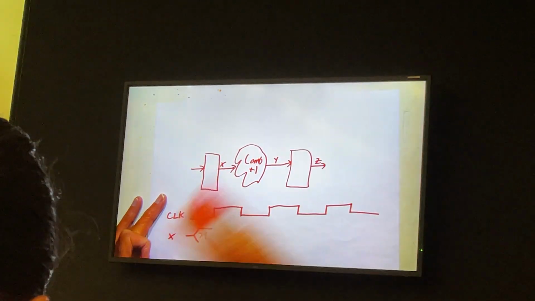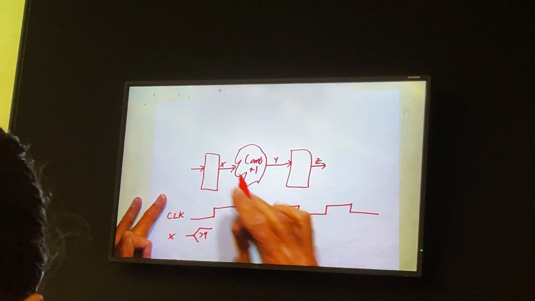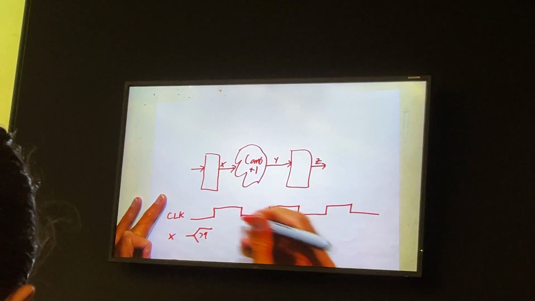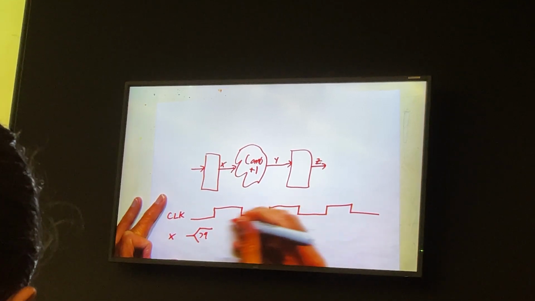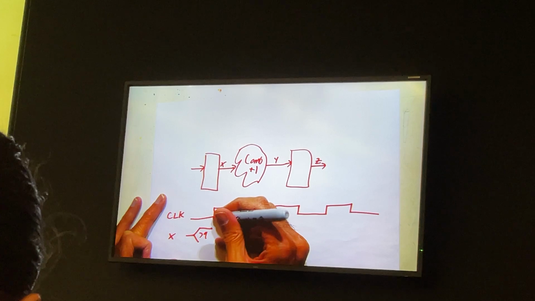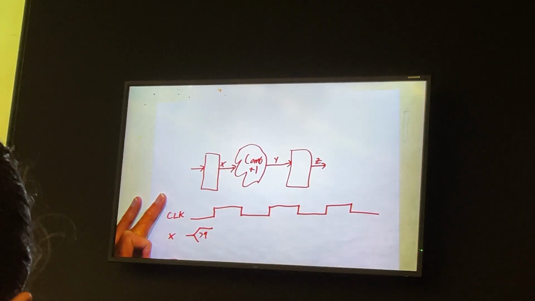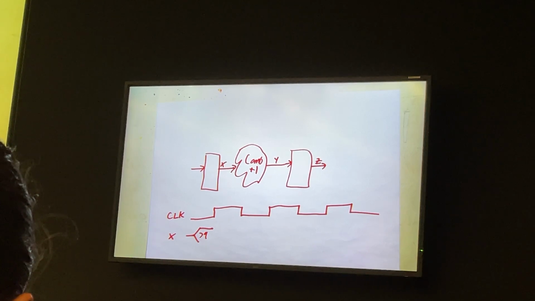It's 16 bits or 32 bits or whatever. So on the rising edge, I need to make some lines to make myself straight.